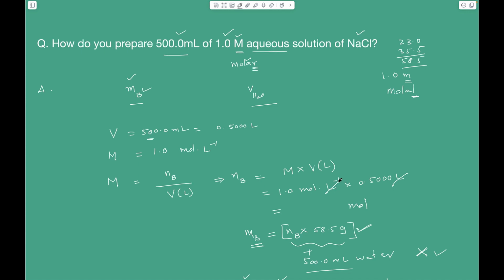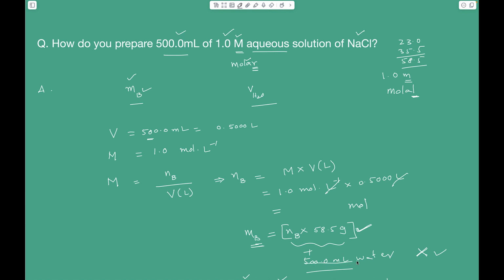One thing I know for sure is the mass of solute, the mass of sodium chloride in this case, required to prepare this solution. I figured that out here. So I know the exact mass of sodium chloride needed for the preparation of this solution. But I do not know either the volume or the mass of water needed.